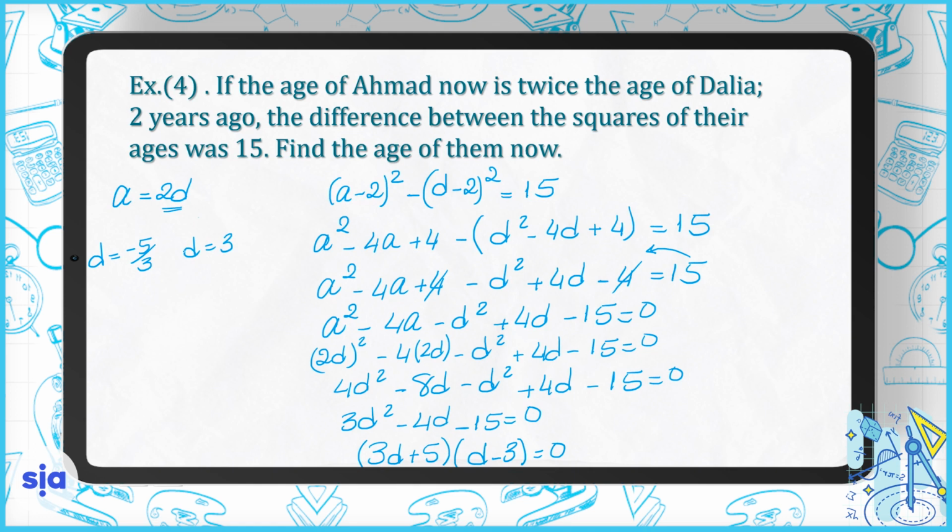As long as d represents the age of Dalia, we cannot have a negative age. So the age of Dalia now is 3 years. How can we get the age of Ahmed? We know that it's 2 times Dalia, so it is 6 years.